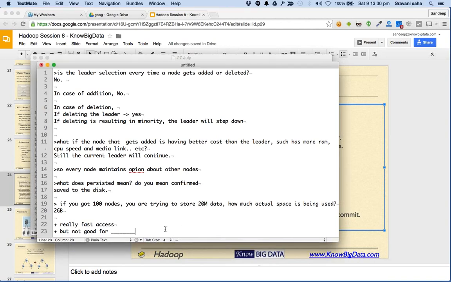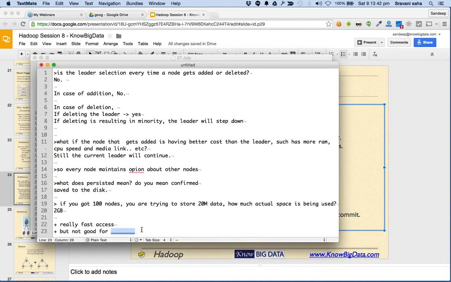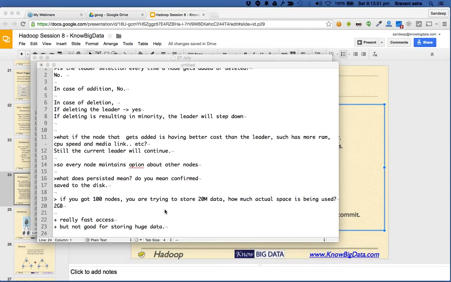It's not suitable for writes, and it's not suitable for storing big data. That's correct, Santosh. If you have to store big data with TB of data, it's not good. So don't consider it like a database. Instead, consider it just to store a temporary amount of data.